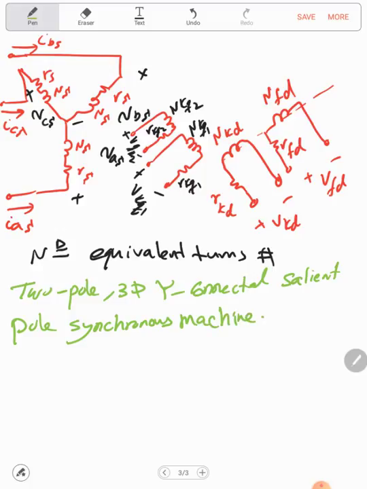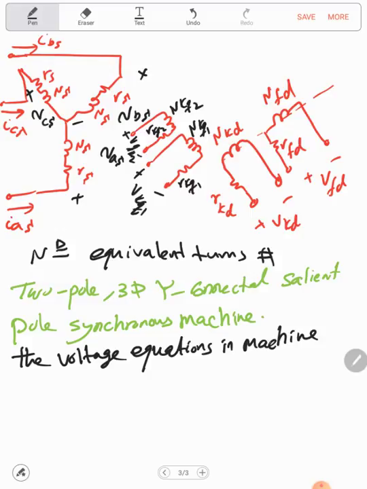Now the voltage equation in machine variables can be written as follows. Now remember, if I need to model any electrical machine, I need to find the voltage equation, and I need to find the electromechanical torque, and finally I need to write the swing equation, and this will complete the mathematical model of an electrical machine.